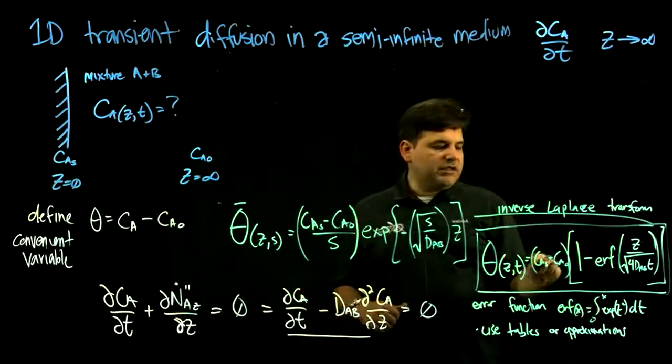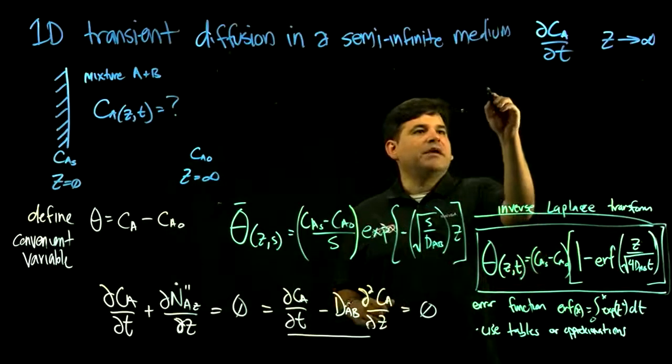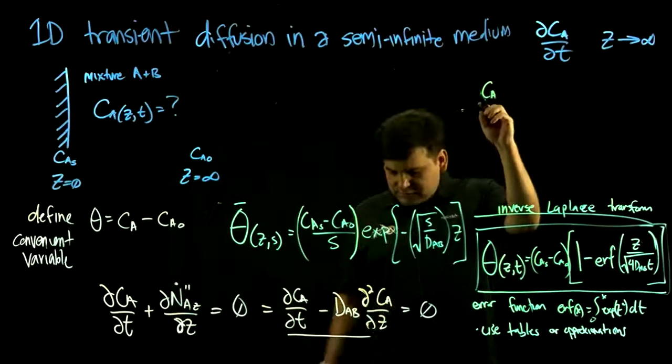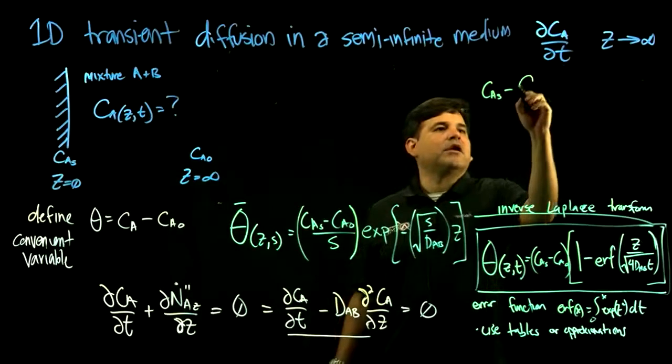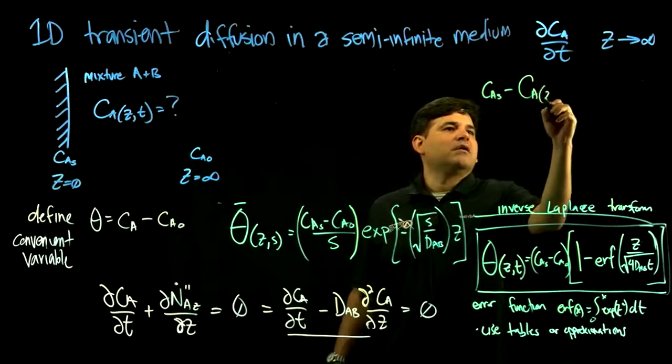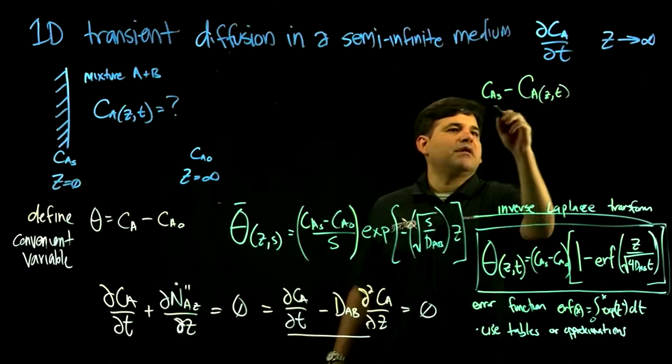So this is in the Z space, the theta space. So CA surface minus the actual concentration that we want as a function of space and time.